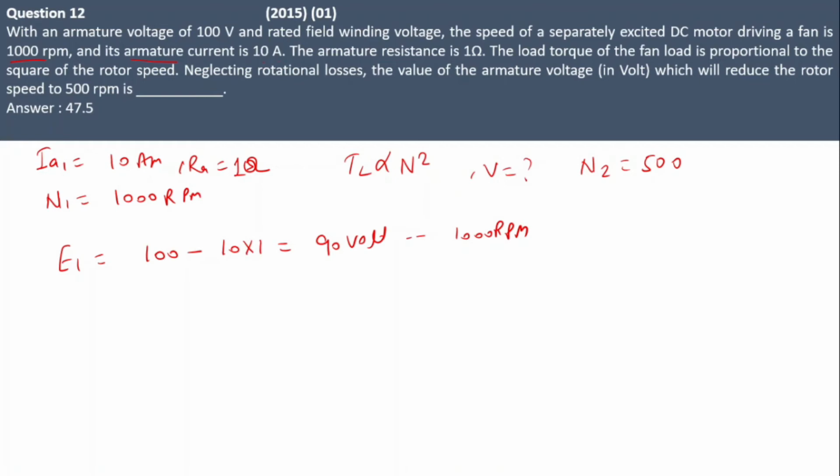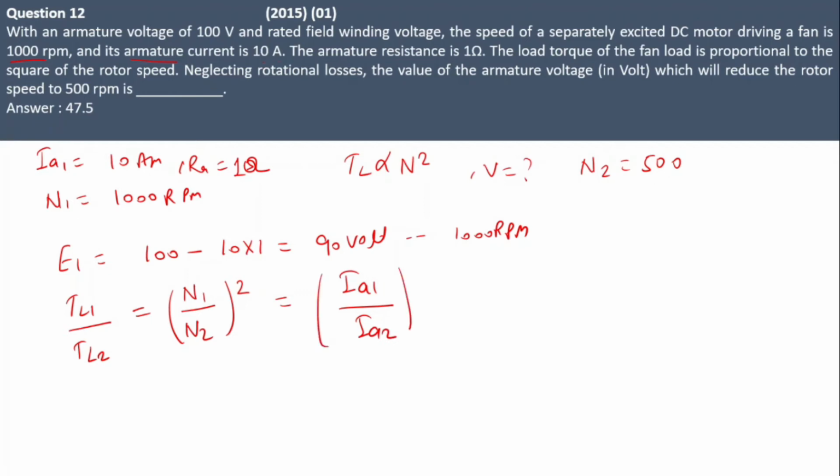Similarly, another relationship is given to you: TL1 divided by TL2 equal to N1 by N2 whole square, and you know TL1 by TL2 is directly proportional to IA1 by IA2, because K phi is constant, flux is constant. So from here you will get the relationship between N1 by N2.